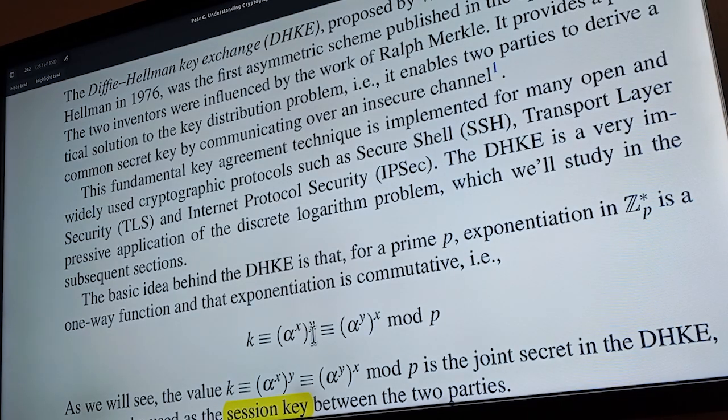Commutativity is an arithmetic principle, where we have a plus b is equal to b plus a, and a times b is equal to b times a. But this was to be possible in exponentiation, not just in basic arithmetic.